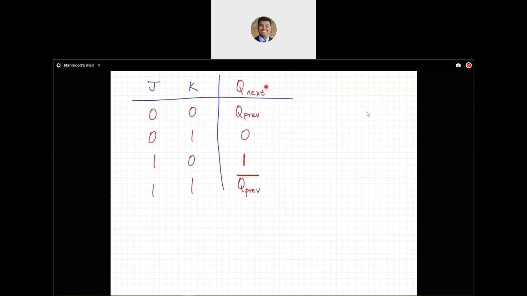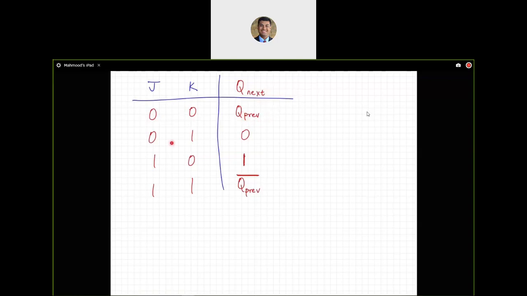Q next means the output Q just after the clock edge, and Q previous indicates the output Q just before the clock edge. So when J and K are both 0, Q next equals Q previous, which means that's a memory state behavior.